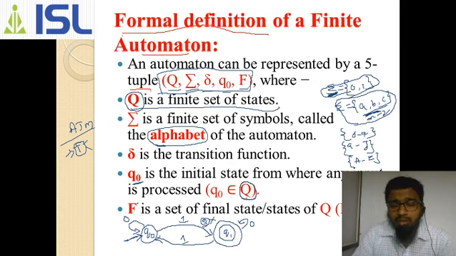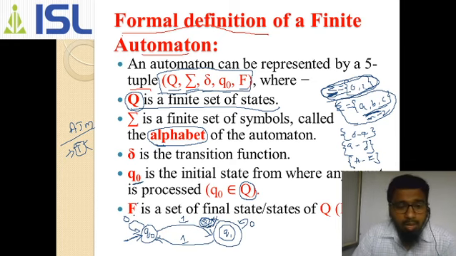Whatever the finite set of states is in the given problem, that should belong to capital Q. Other than capital Q, it will not allow and it will not accept. Okay, fine.